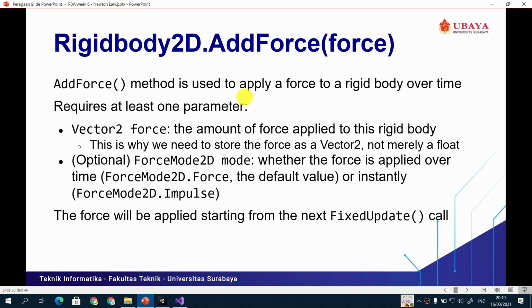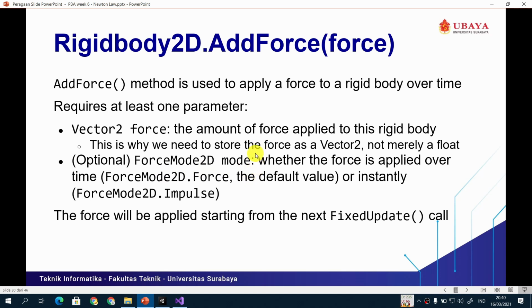It requires at least one parameter or argument. The first one is the Vector2 force itself, the amount of force applied to this rigid body. This is why we need to store the force as a Vector2, not a float. And then the second argument, or second parameter, is actually optional. It is the ForceMode2D mode.